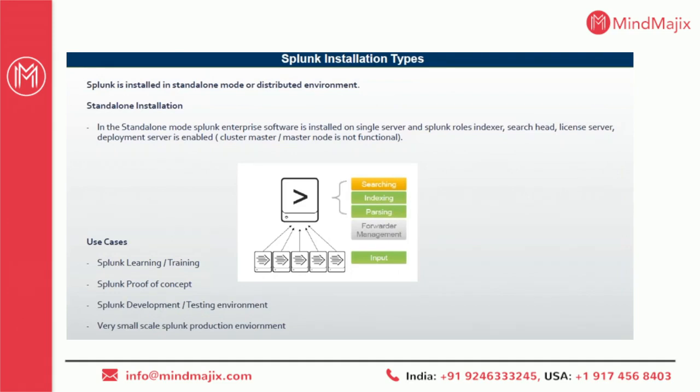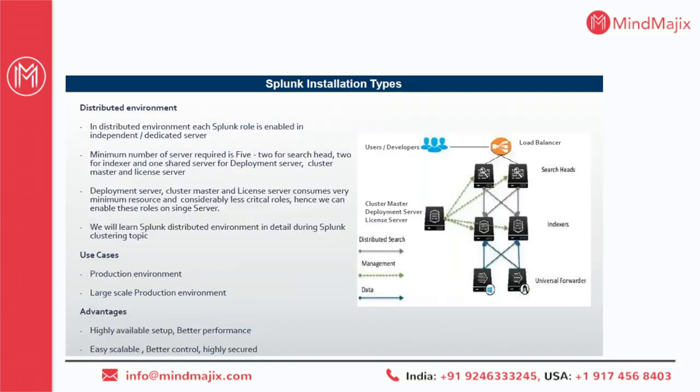But when you get into a production grade environment, where multiple developers and users are accessing your Splunk setup, you cannot run your Splunk environment on a single machine. In that case, you need multiple nodes to serve your analytical service.